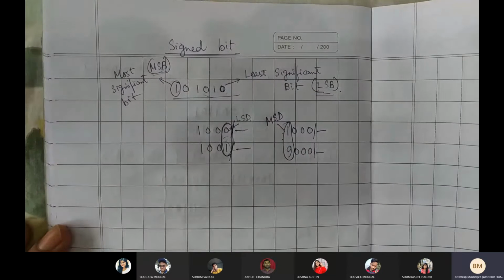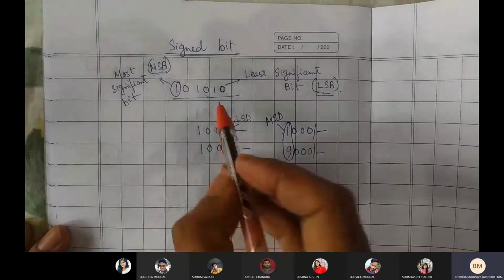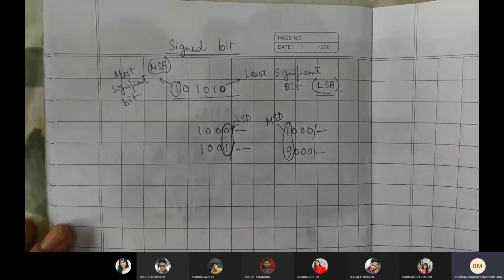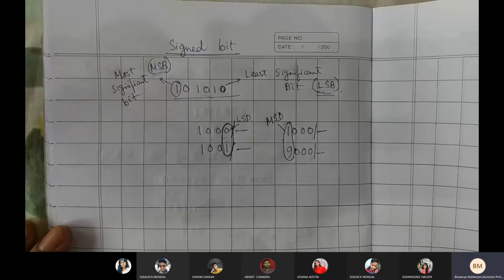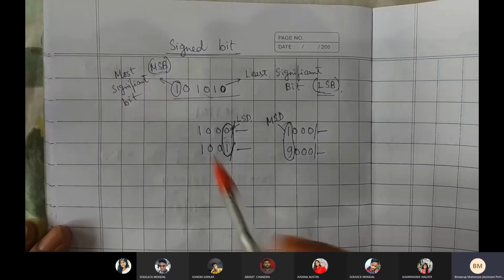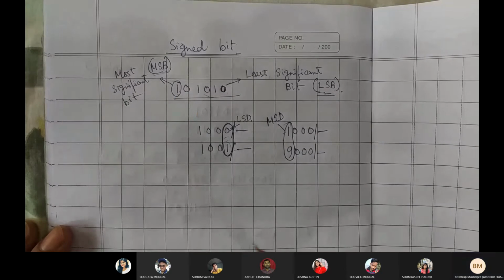So the concept is this one. If this value changes, it hardly changes the overall value. Very little value will change. But if this value changes, it will change the main value by quite a large amount.